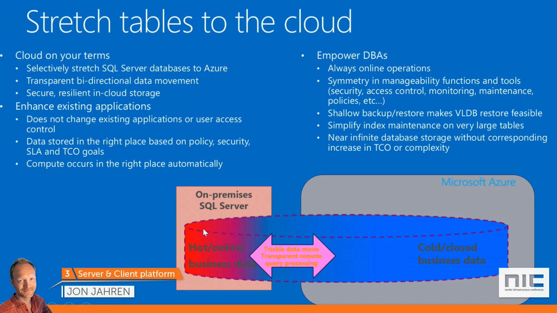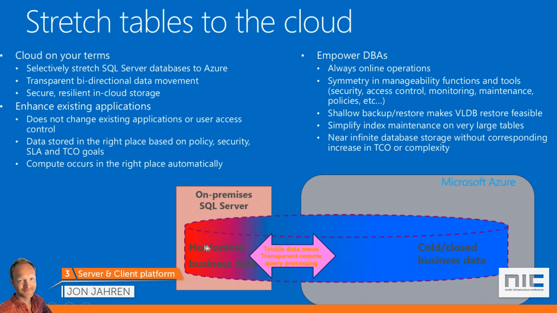SQL Server will then take the cold, historic data and move it to Azure, in order to save storage space and increase performance for your local on-premises SQL Server, or for one in an Azure VM.